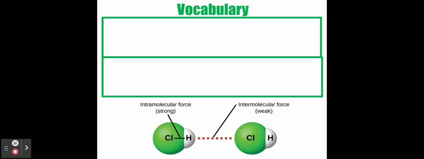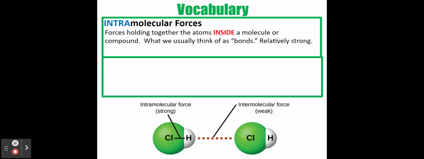So let's talk about some vocabulary. The first thing we want to talk about is intramolecular forces. Intra means within or inside. So here, when we're talking about intramolecular forces, we're talking about the forces within a molecule, the forces that are holding the atoms of a molecule together.